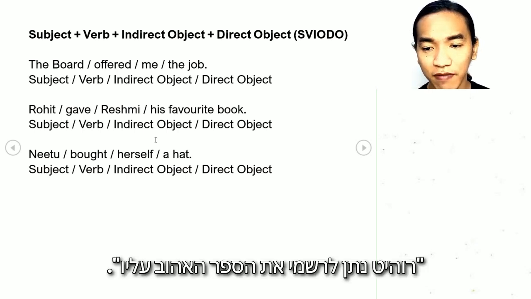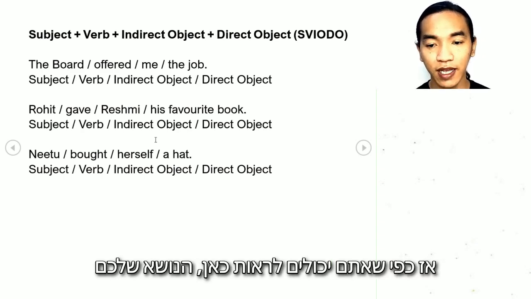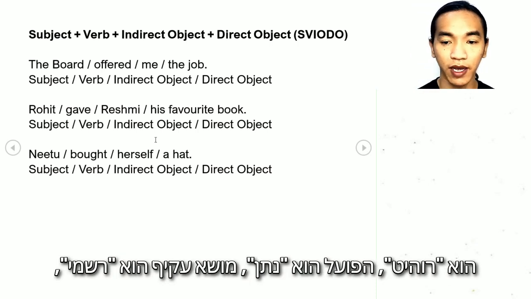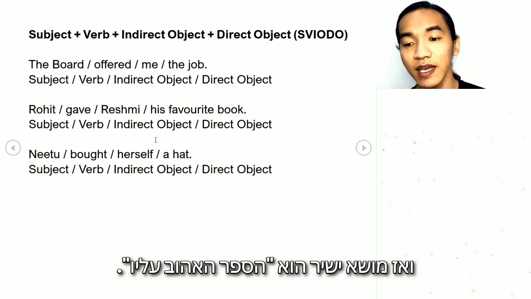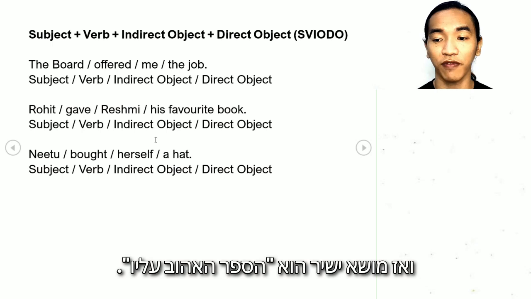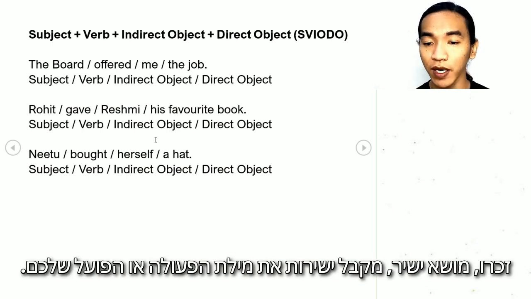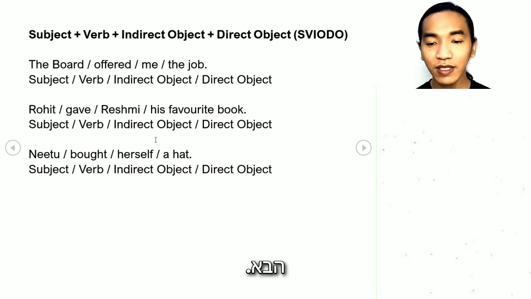Okay, next one. Rohit gave Rashmi his favorite book. Okay, so as you can see here, your subject is Rohit, verb is gave, indirect object is Rashmi, and then direct object is his favorite book. Okay, remember, direct object directly receives the action word or your verb. Okay, next one.